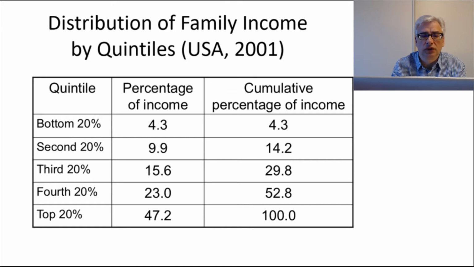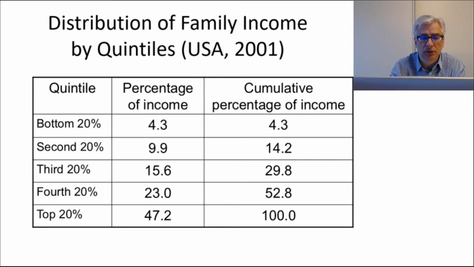You can also see in the third column the cumulative percentage of income. That would show us, for instance, for the second quintile, how much income is represented by the first two quintiles. So this is 4.3 plus 9.9, which equals 14.2.